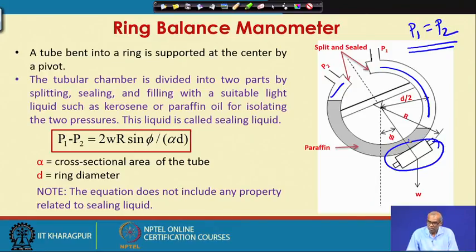So, there will be a balance between these two opposing forces, and when balance is obtained, the rotation of the ring or the angular rotation of the ring, which is measured by an angle phi, becomes a measure of the differential pressure.